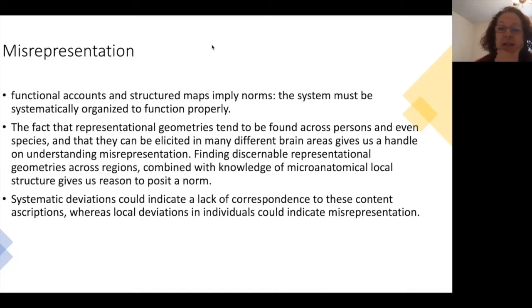And you might see in an individual, this is completely hypothetical, but suppose you gave them a mouse and you saw activation in the highly dangerous part, then you might be able to make an argument that that person is misrepresenting a mouse as highly dangerous. So I think that in the context of overall structure, you get some kind of foothold for explaining misrepresentation.